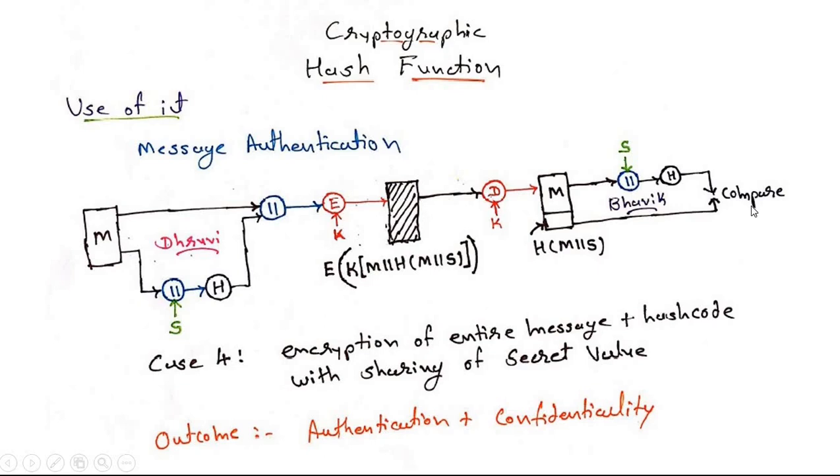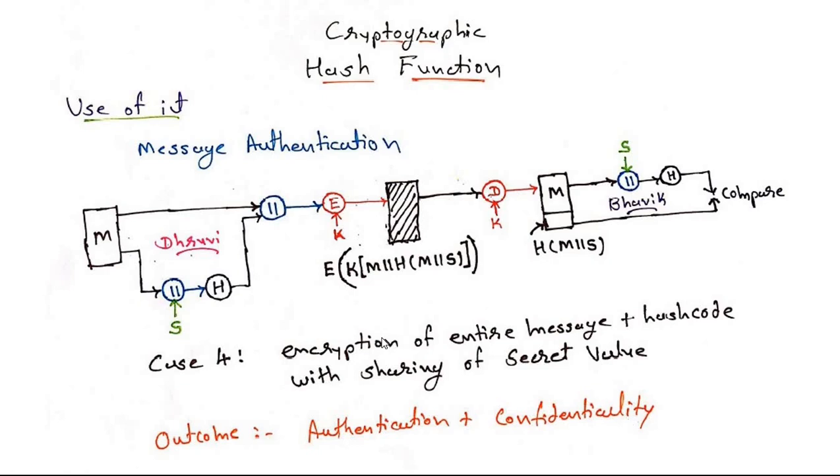Suppose both are the same, then it means the receiver received the actual message. So the message received by the receiver here is producing authentication plus confidentiality both.